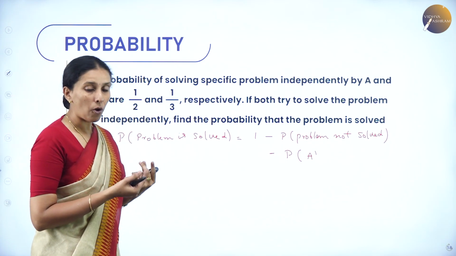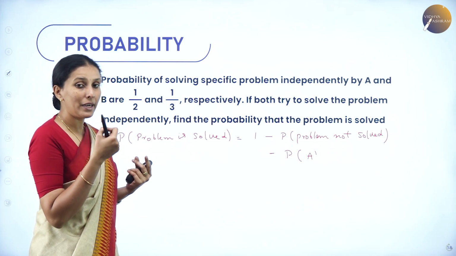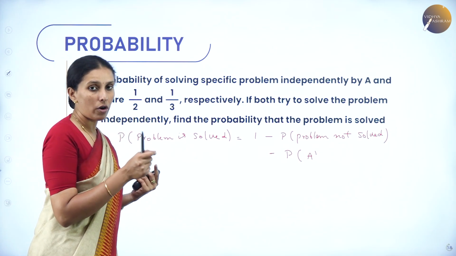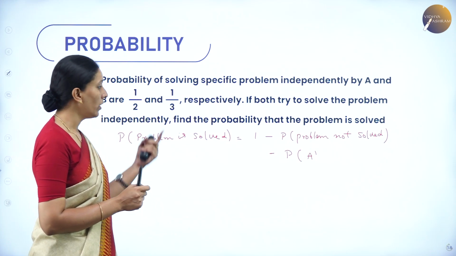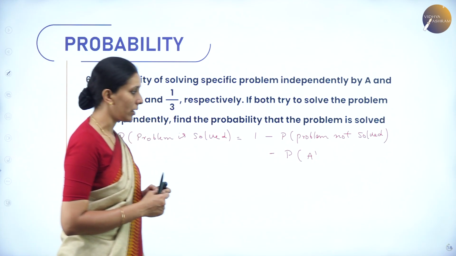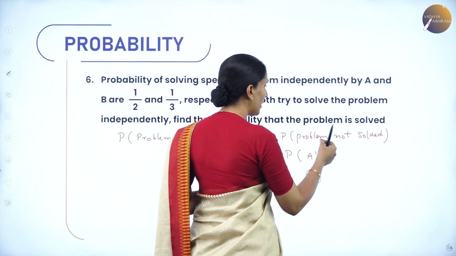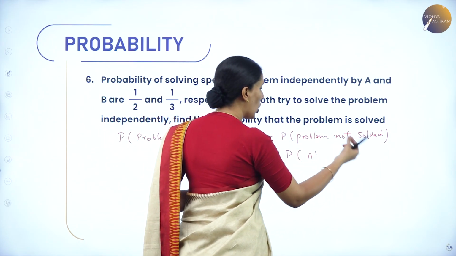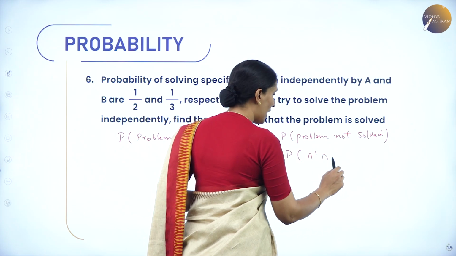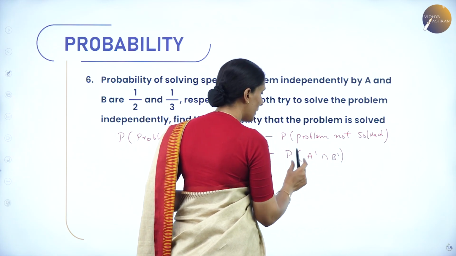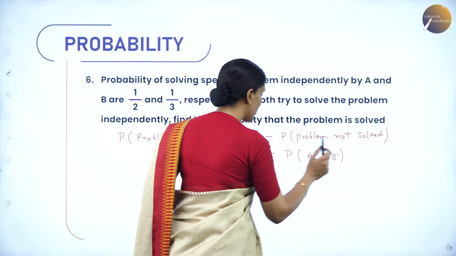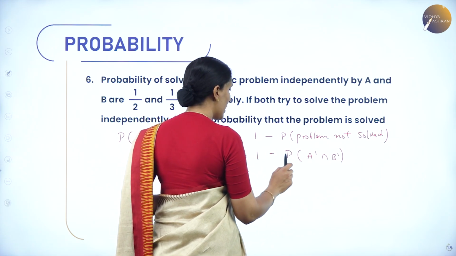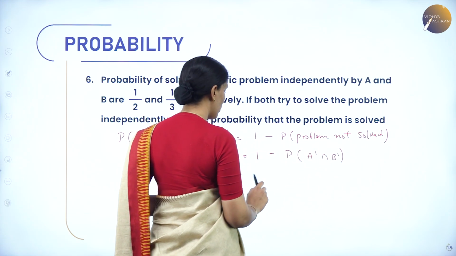That means the probability that the problem will be solved by A is 1 by 2, and by B is given as 1 by 3. Here I am taking the opposite of that. So the probability is not solved by A as well as B. So it has to be probability of A dash intersection B dash. So it is 1 minus probability of A dash intersection B dash.